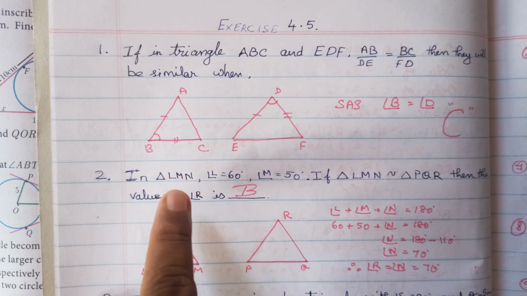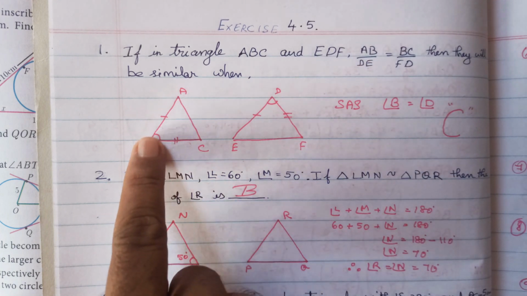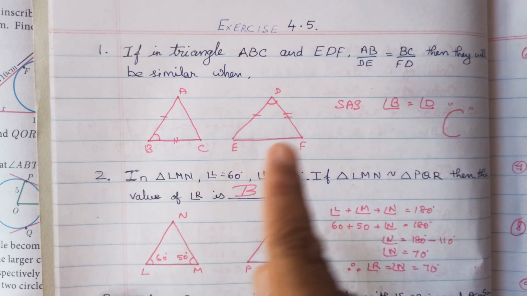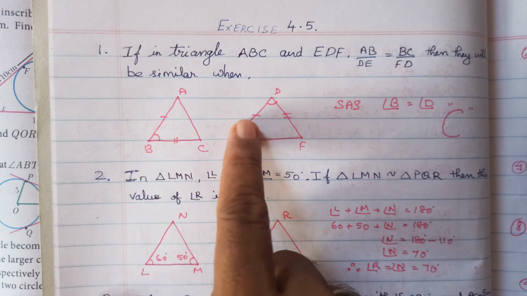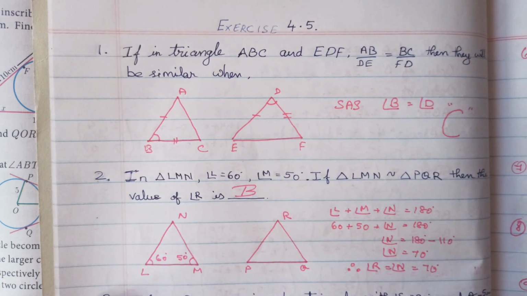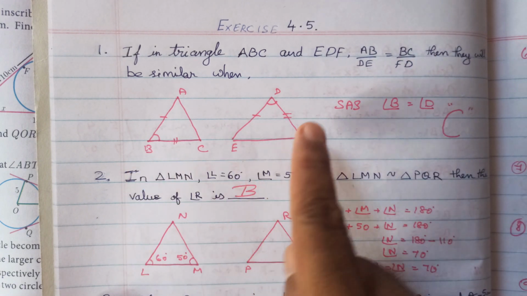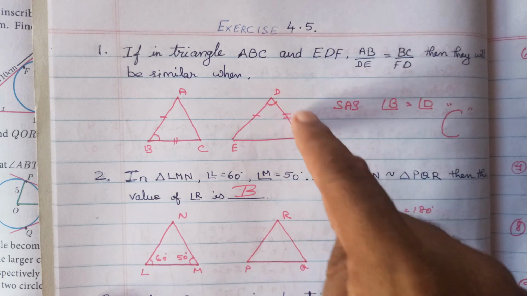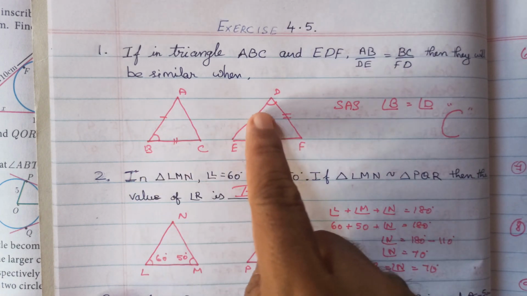Because it is given that AB by DE, the side AB in the first triangle and the side DE in the second triangle, we mark as one stroke. Then we mark BC and DF as double stroke. So we identify these two sides.